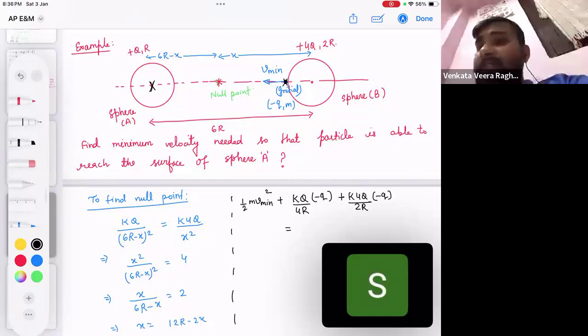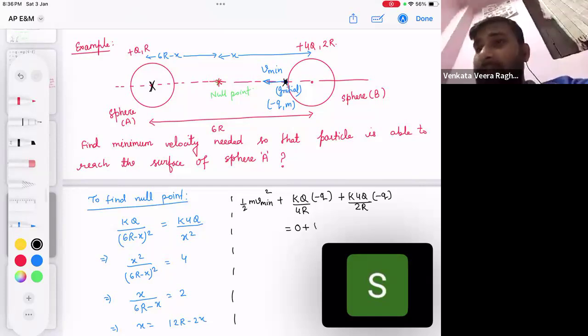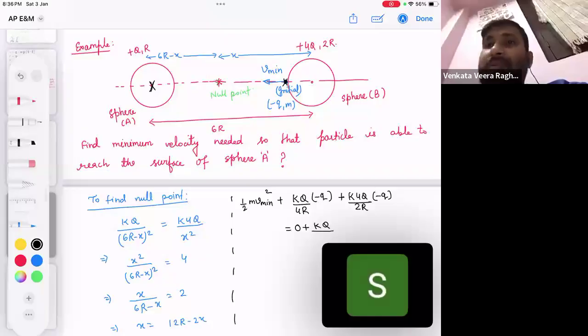Finally, when it reaches the null point, I just gave enough velocity to reach there. I don't give any extra velocity, okay? That's why I'm calculating the minimum velocity. Potential energy, so K due to sphere A, K Q by, what is the x we have calculated? 4r.